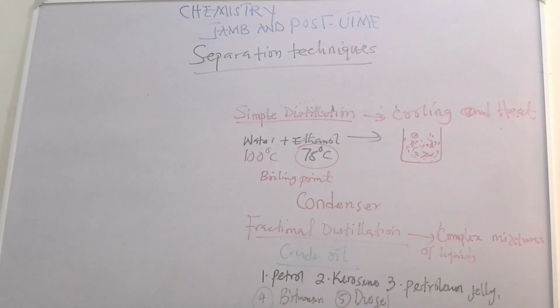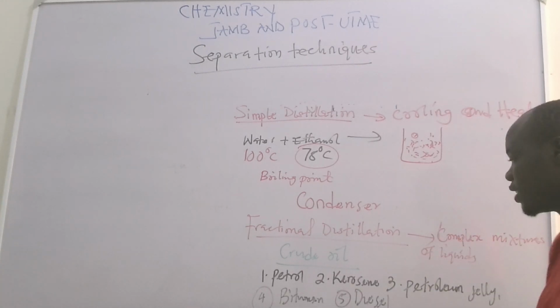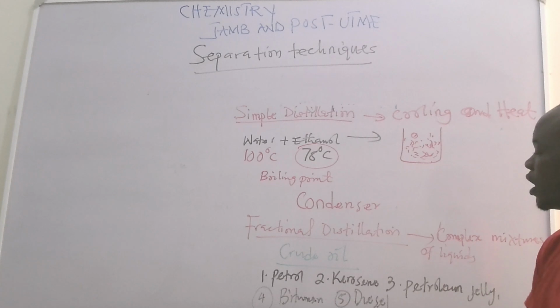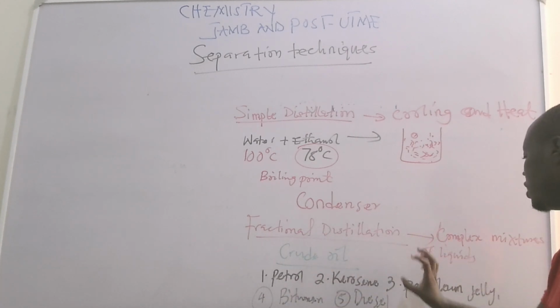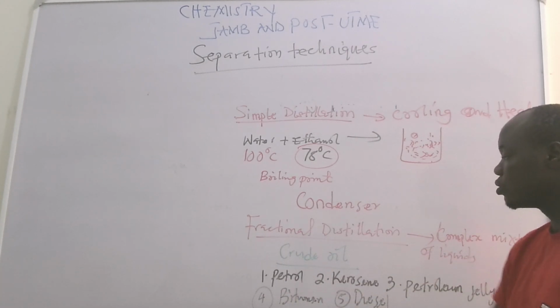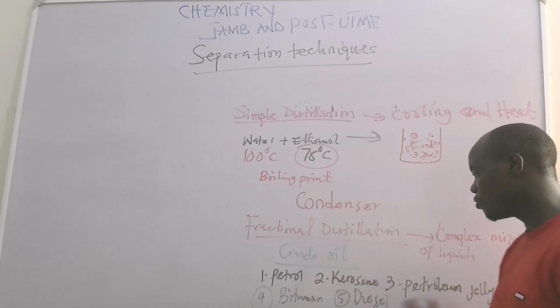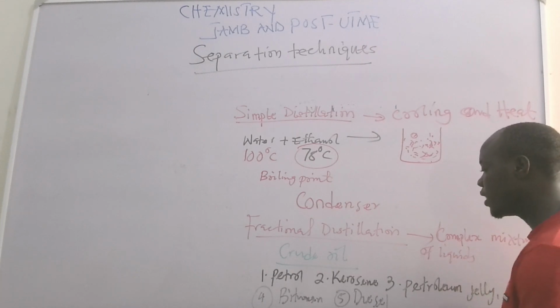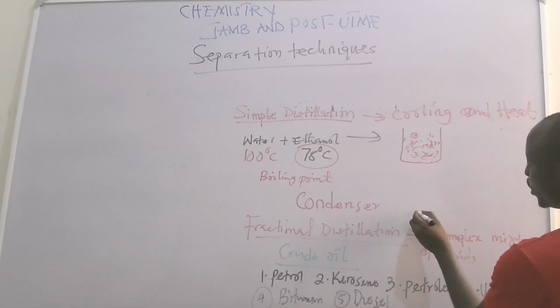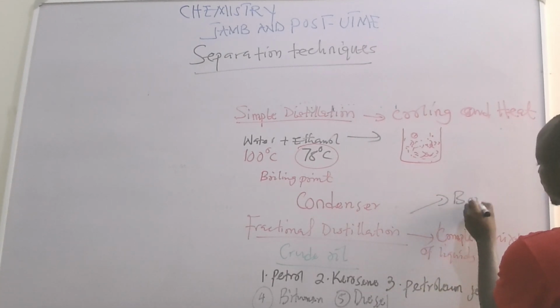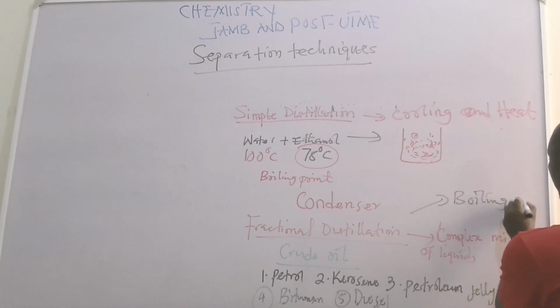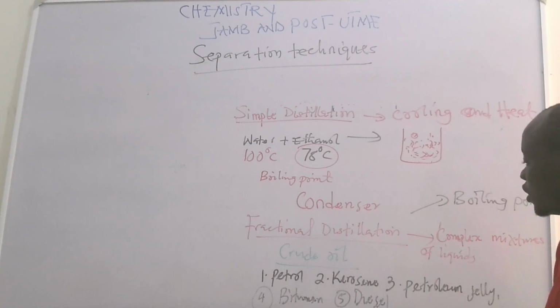So we have so many other components. There are so many things inside crude oil. Therefore, fractional distillation will be used to separate these different components of the crude oil based on their differences in boiling point.